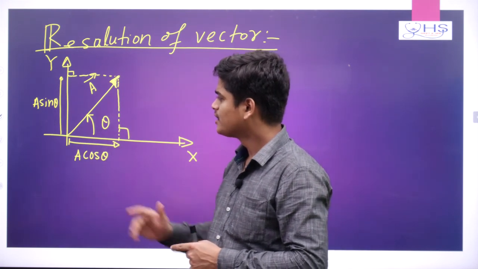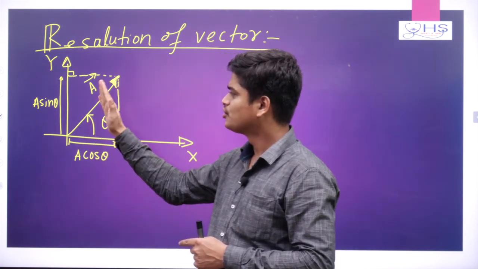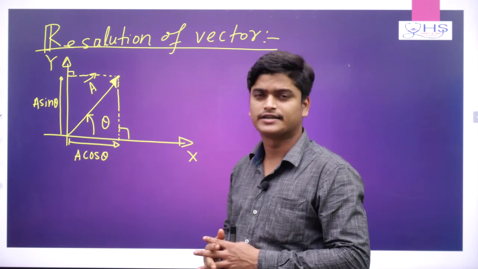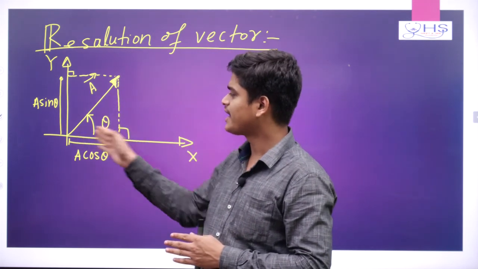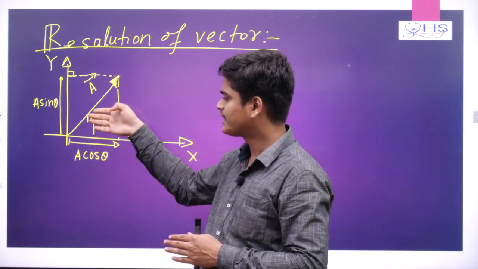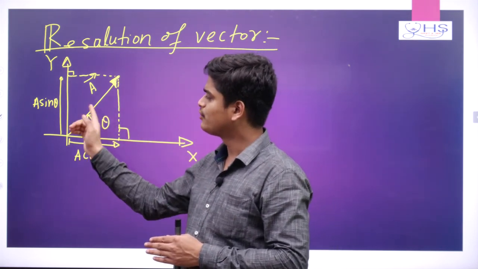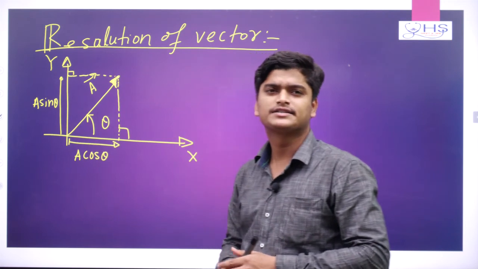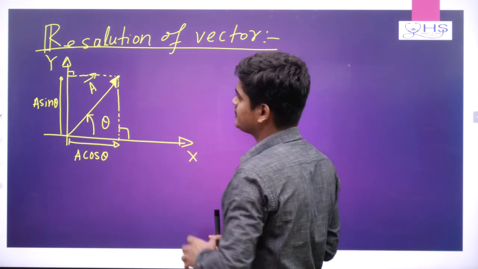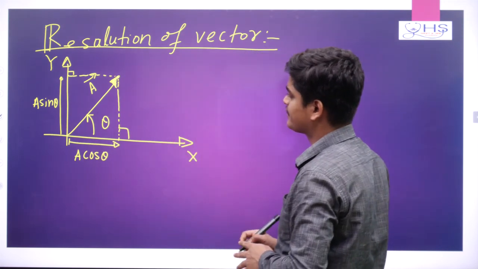So you can split a vector in two perpendicular directions. The line along the axis connected to theta will always be taken as cos theta, and the one not connected to theta will be sin theta. So this is basically called resolution of a vector, or taking components of a vector.